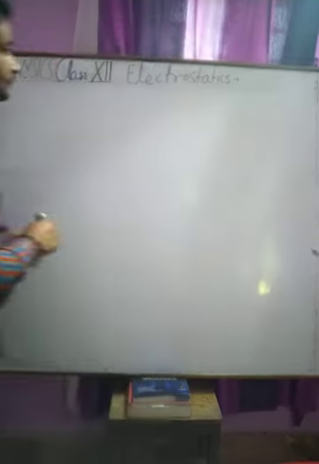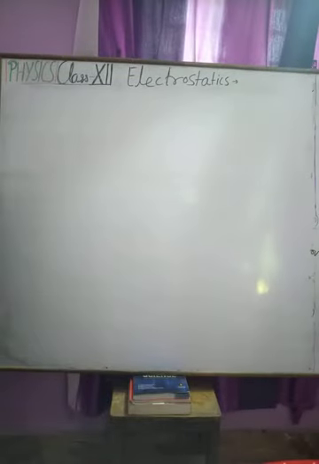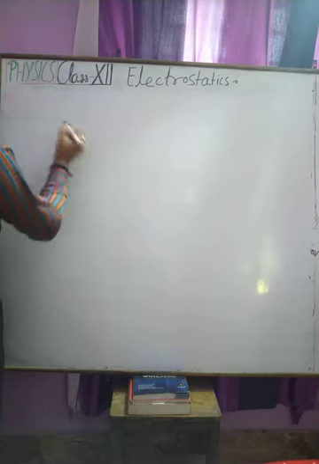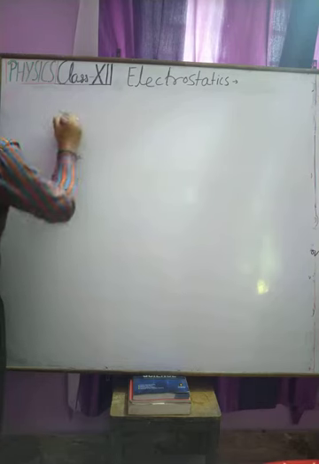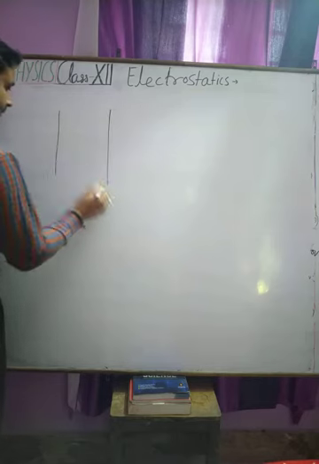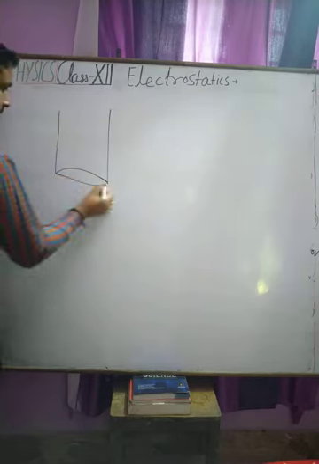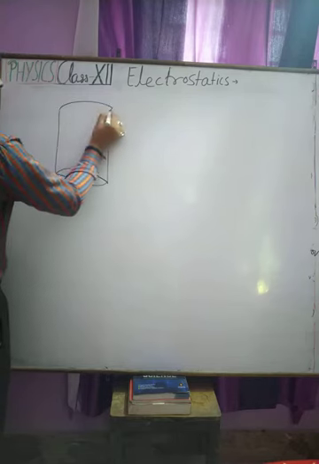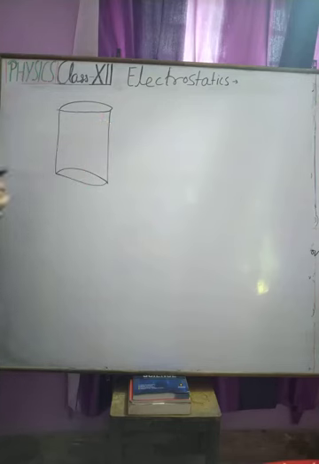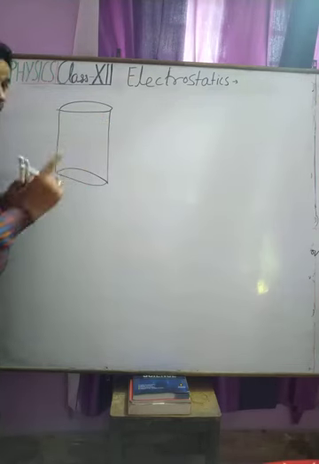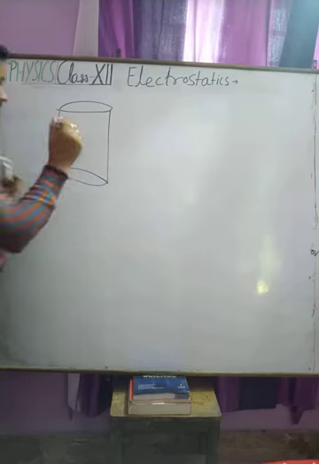Suppose, according to Gauss, we have any kind of surface. Let me take a cylindrical surface, and he explained the charge is always inside the surface.